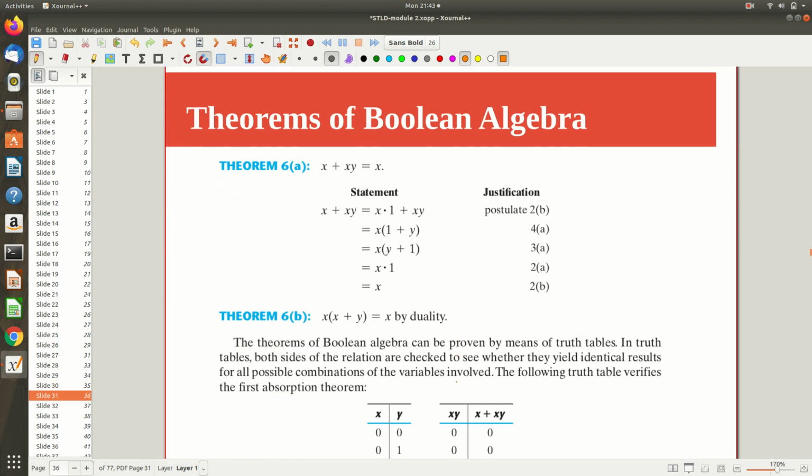Now the last thing, this is again something I saw in the university exam also. This is a repeated question. Just state and prove this law. Hope you remember what this law is. See what is happening here. This x plus xy, the entire expression is being absorbed by this x, right?